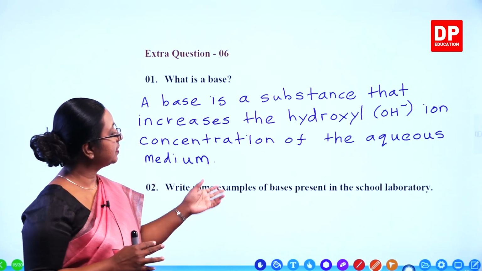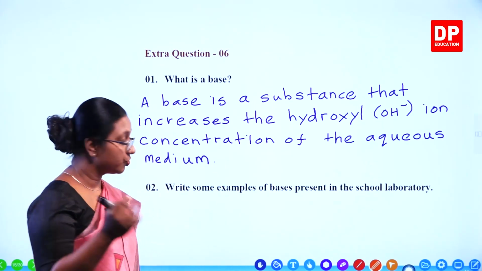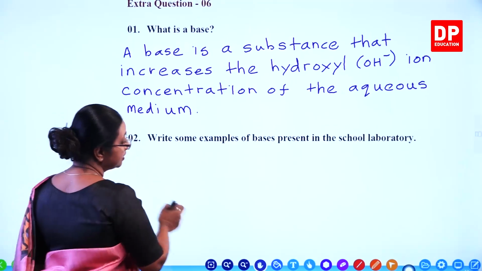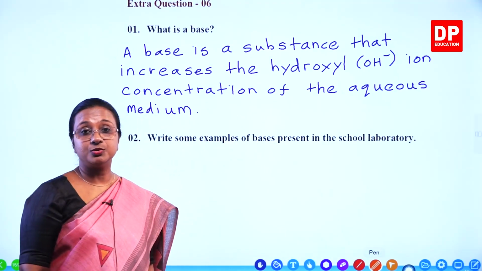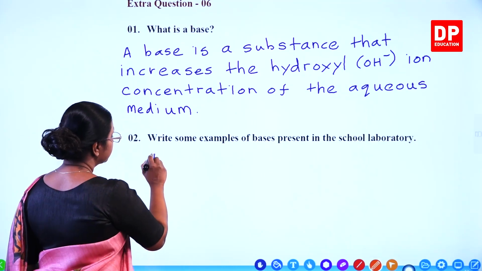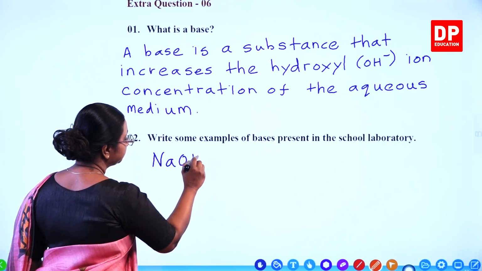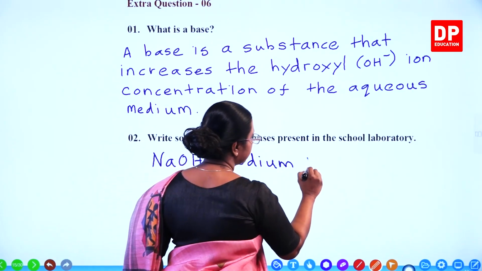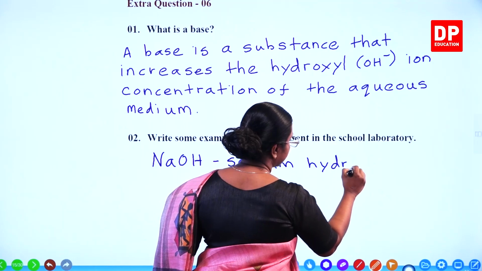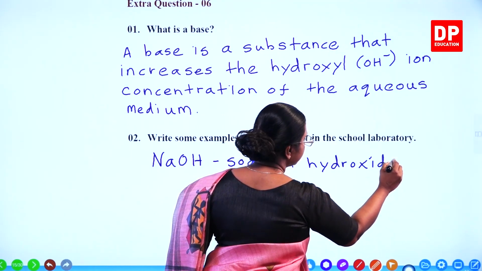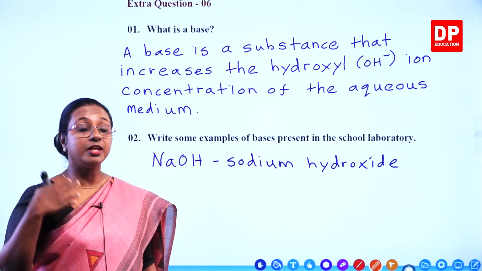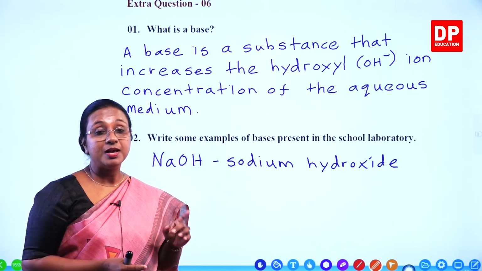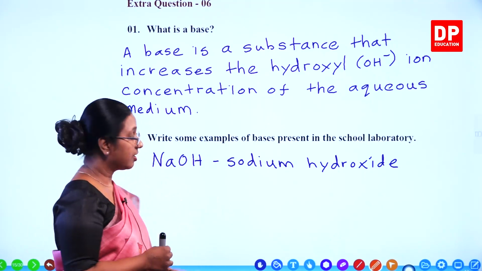Write some examples of bases present in the school laboratory. You are familiar with the bases in the school laboratory. What are those? We have sodium hydroxide, that is NaOH. So here again students, for you all to recall and remember, I am writing both the formula and the name. You all can write only one of the two.